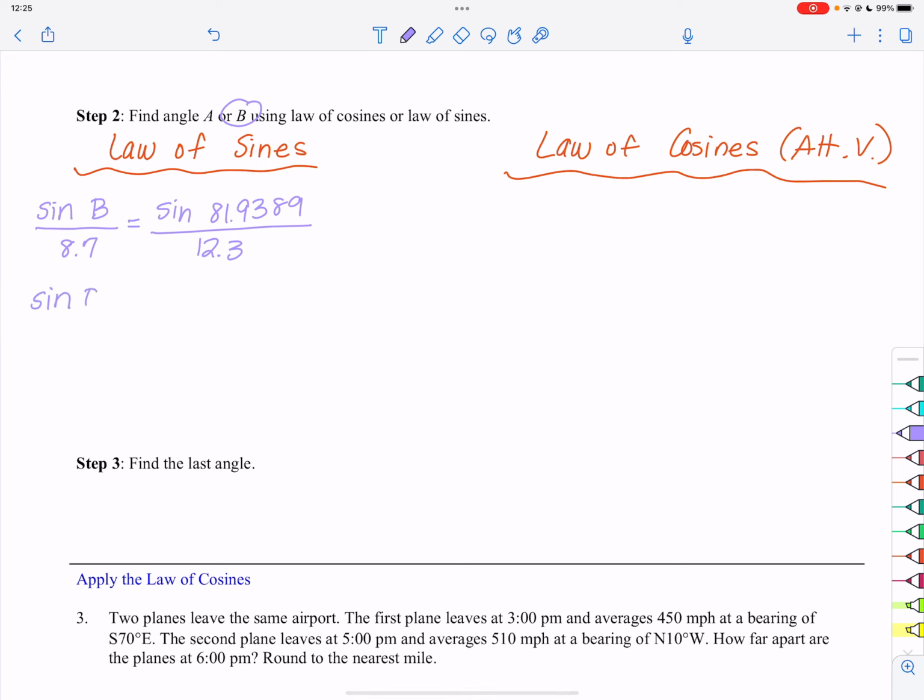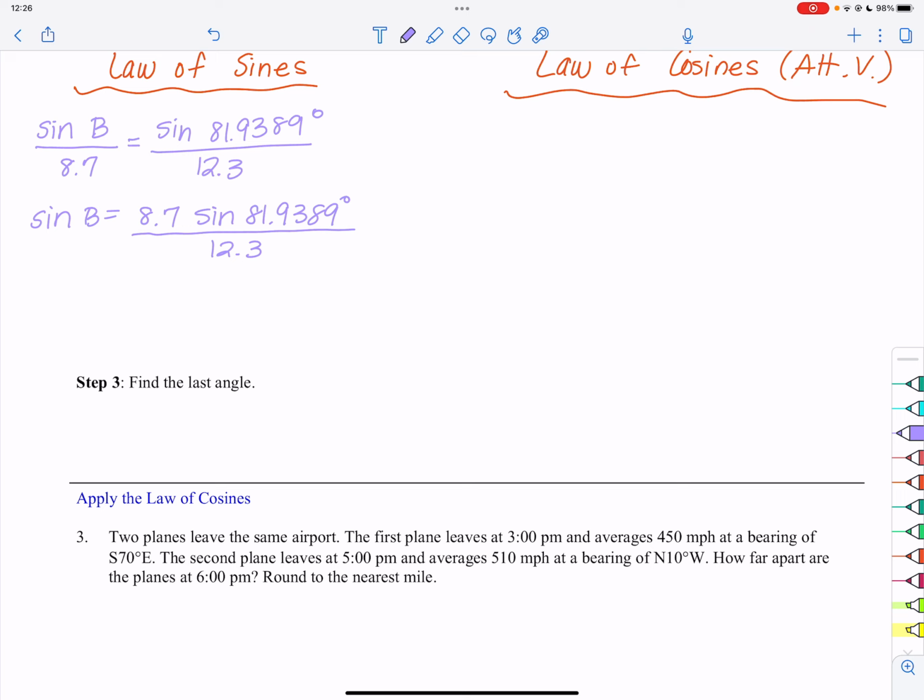So we have the sine of B equals 8.7 multiplied by that, and now we have B is equal to the sine inverse of this expression. Well, it's just not wanting to work right here. I'm going to try one more time. I'll just write it out.